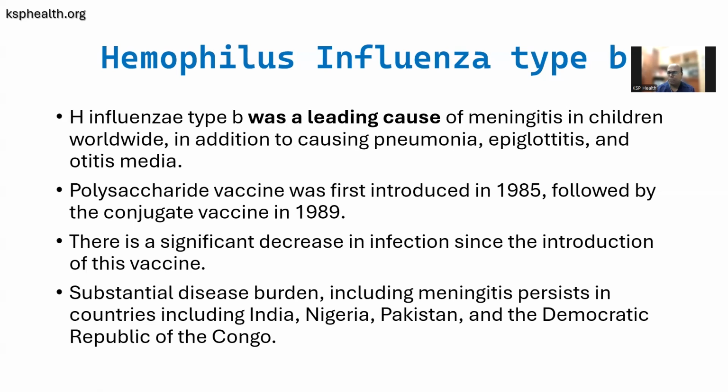There has been a significant decrease in infection since the introduction of this vaccine. Substantial disease burden, including meningitis, persists in countries like India, Nigeria, Pakistan, and the Democratic Republic of Congo. So the incidence is overall decreased, but there are pockets where meningitis caused by H flu type B still persists.